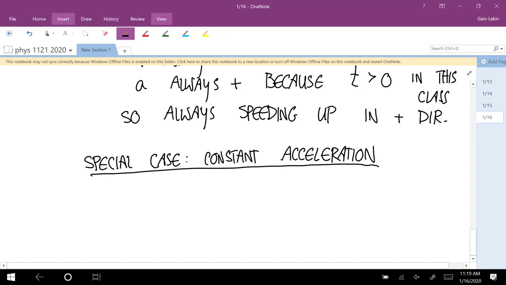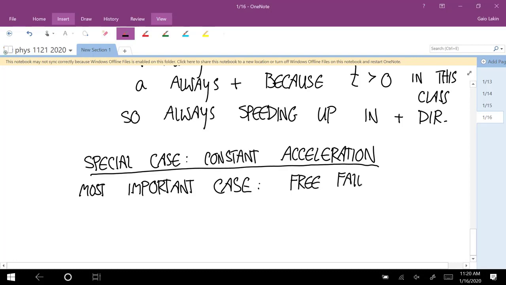And the most important case of constant acceleration is free fall or projectile motion.